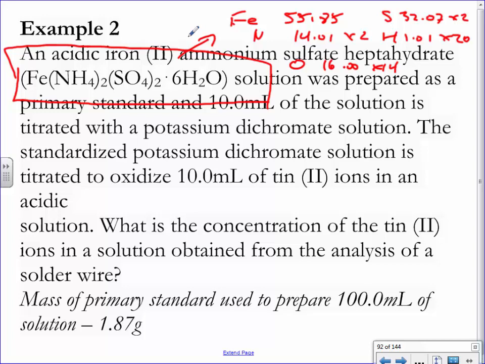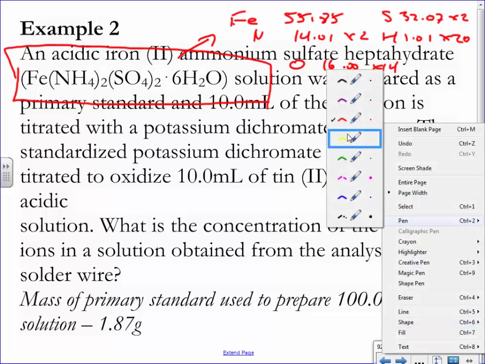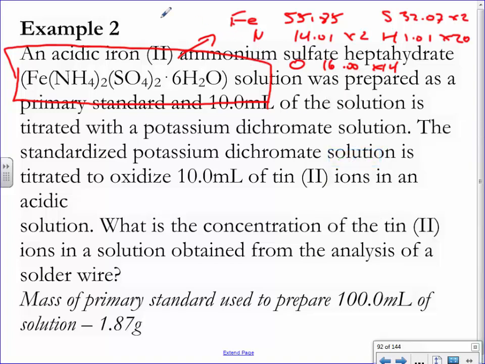And then hydrogen 1.01 times 8 there plus 12, yeah, that's 20. I got this. 392.21.